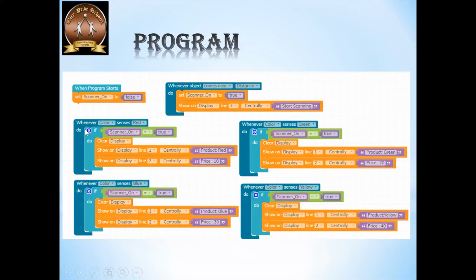Fine. So when you make these conditions for the red color, you can duplicate them and make the changes like green 20, blue 30, yellow 40, and we can complete our program like this. So let us try this program in the Plasmo software.